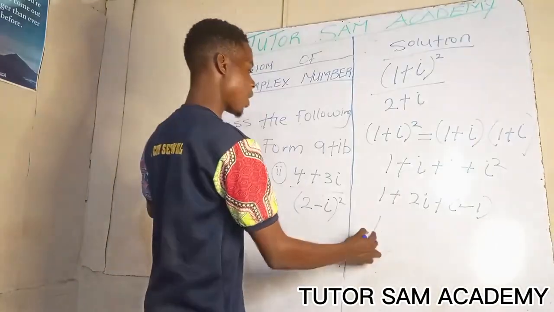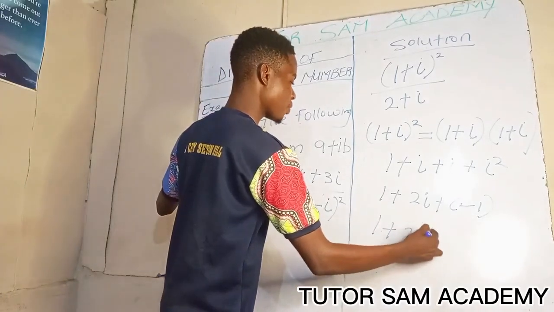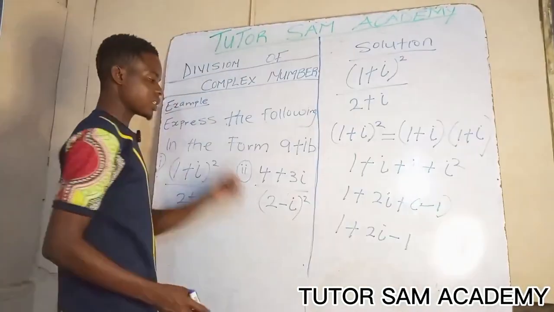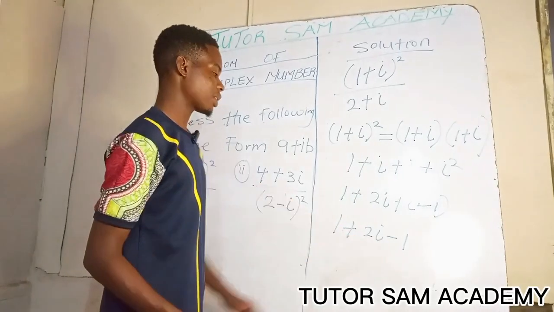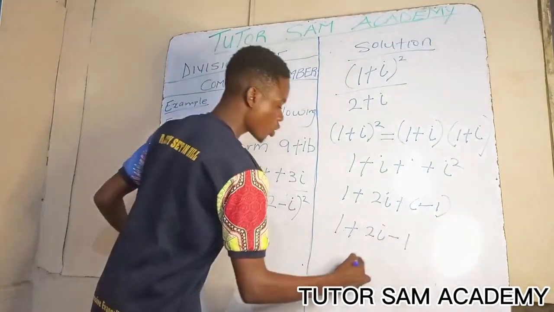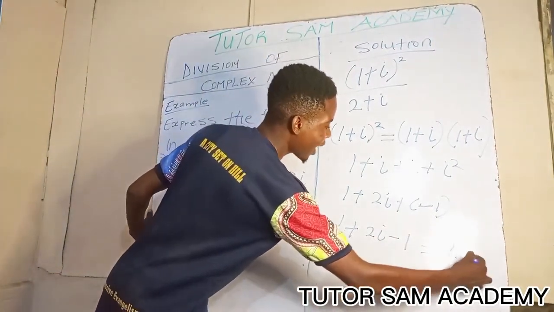So here I can have 1 plus 2i minus 1. So here what do I have? This is 1 minus 1, which is 0, because 1 will cancel 1. So finally, my numerator is 2i.